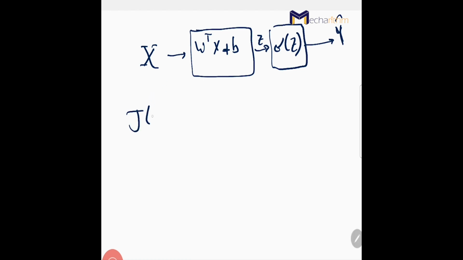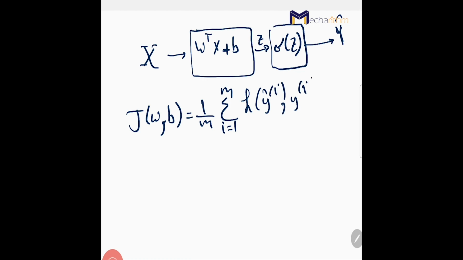So I'm going to say that our new J here for logistic regression will be equal to 1 over m multiplied by the summation from 1 up to m of all the losses L(ŷ_i, y_i), which is a function of every individual example's prediction and ideal output.